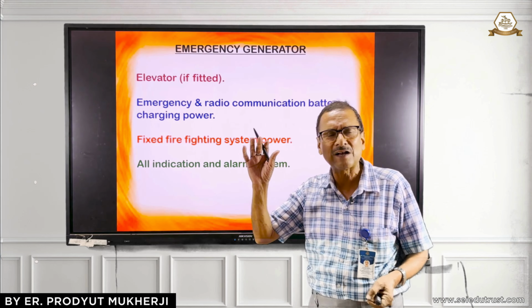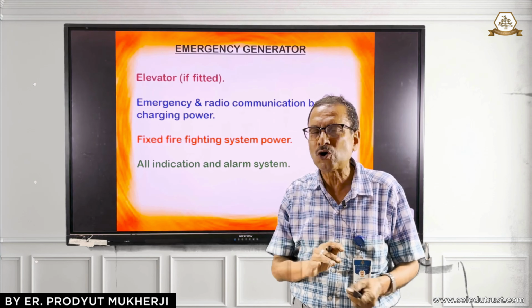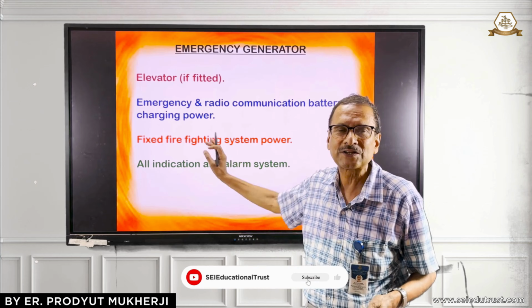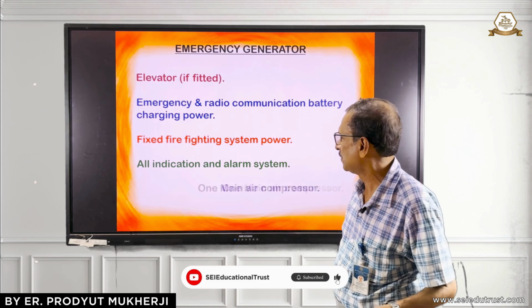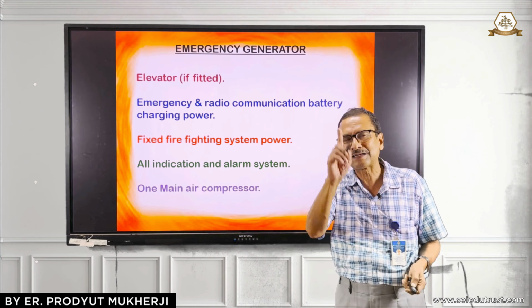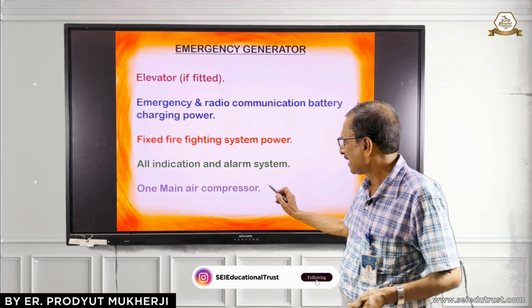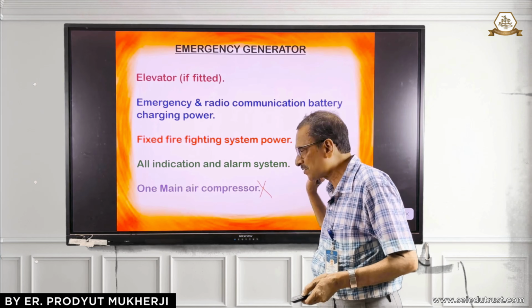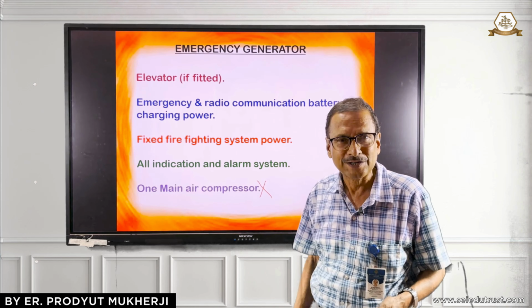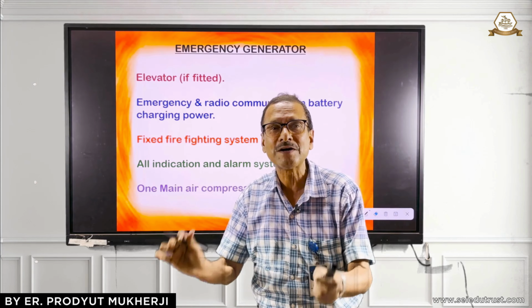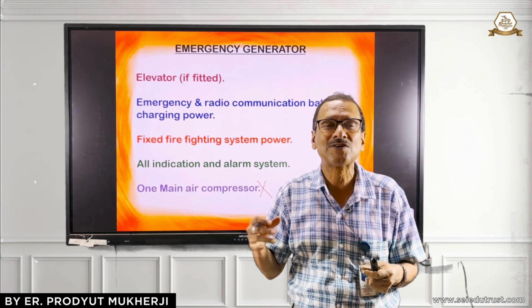All indication and alarm system, whether on the bridge or in the engine room, they are supplied by the emergency generator. One main air compressor. If one main air compressor is not supplied from the emergency generator, then there must be an emergency air compressor, diesel driven.